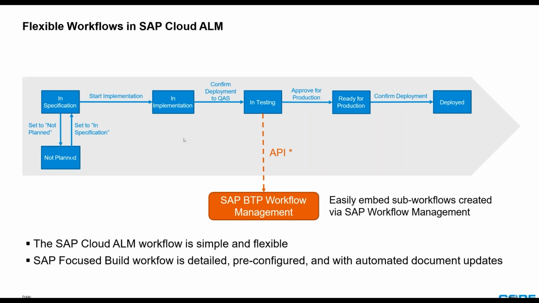That way, for example, you could control where the transport is, etc. And you could control multiple approvals if needed within this SAP workflow, instead of just having it within the feature.